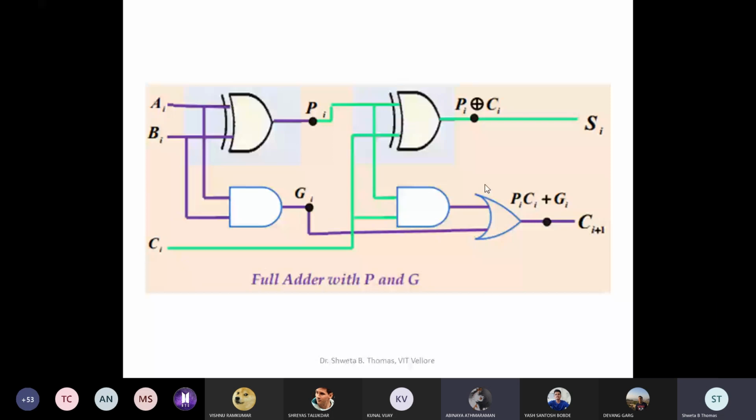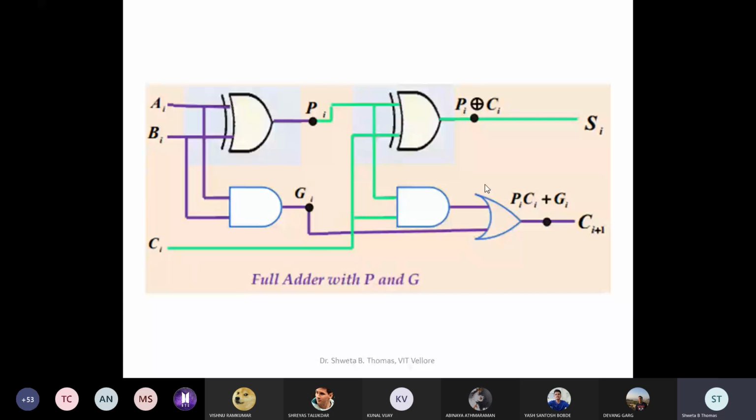So I have given you a hint also. This Ci is multiplied with what? Pi. Pi is what? Pi is Ai XOR Bi. If you simplify it, it is Ai XOR Bi.